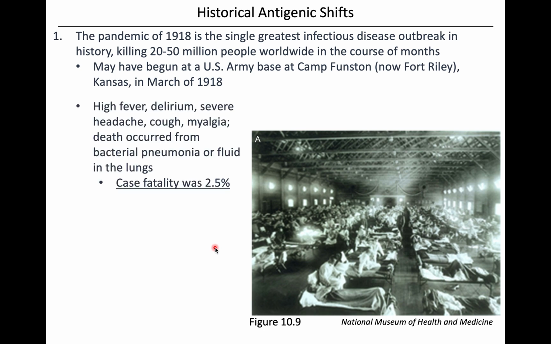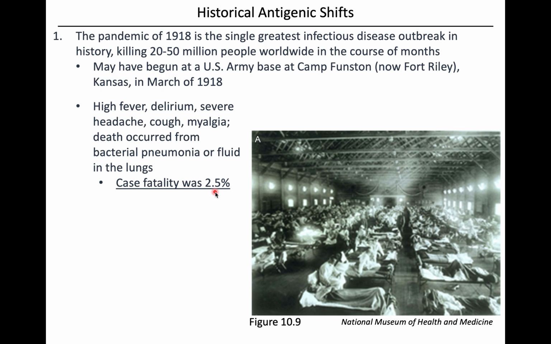Of course, you got some of the typical influenza symptoms at a very severe level, very high fever, bad cough, etc. But most of the deaths were being caused by bacterial pneumonia or just overwhelming buildup of fluid in the lungs. And so we had a fatality rate of a little over 2% with the 1918 influenza.